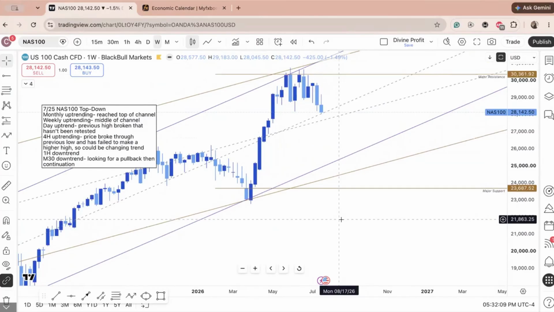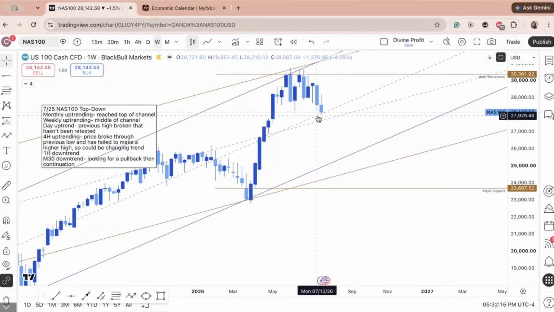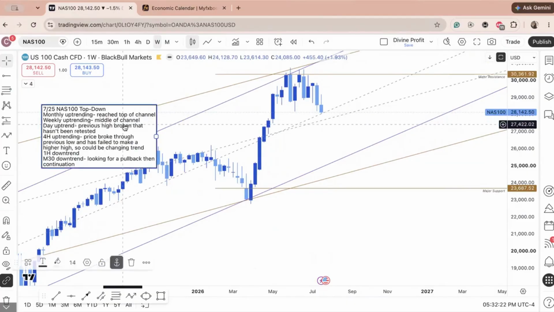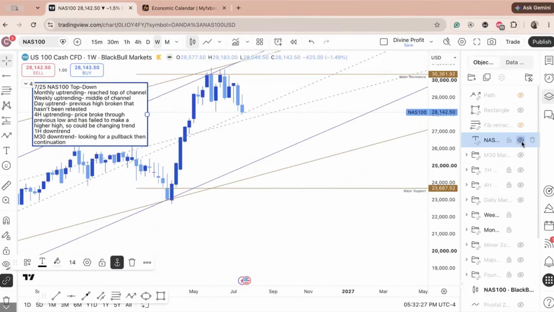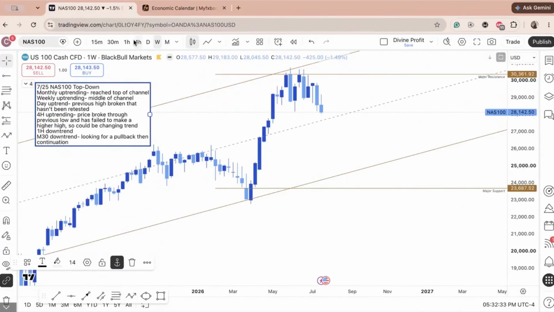But I did want to show this weekly just to show that price is approaching the middle of the weekly channel, and sometimes in the middle of a channel we can see price bounce or consolidate. So I did want to mention that. I put that in my little top down box here. So I made note of it, but I'm pretty much just gonna go ahead and hide my weekly because it's pretty similar to my monthly.